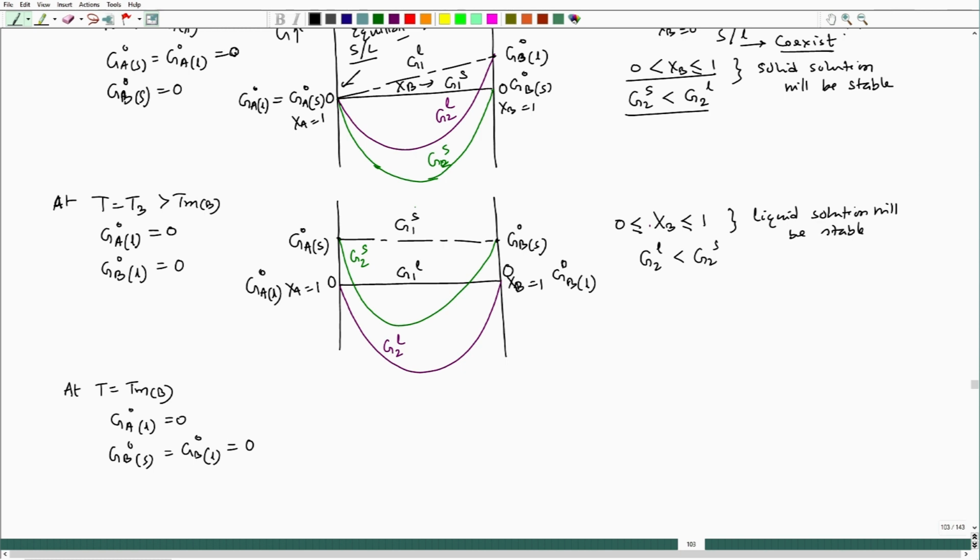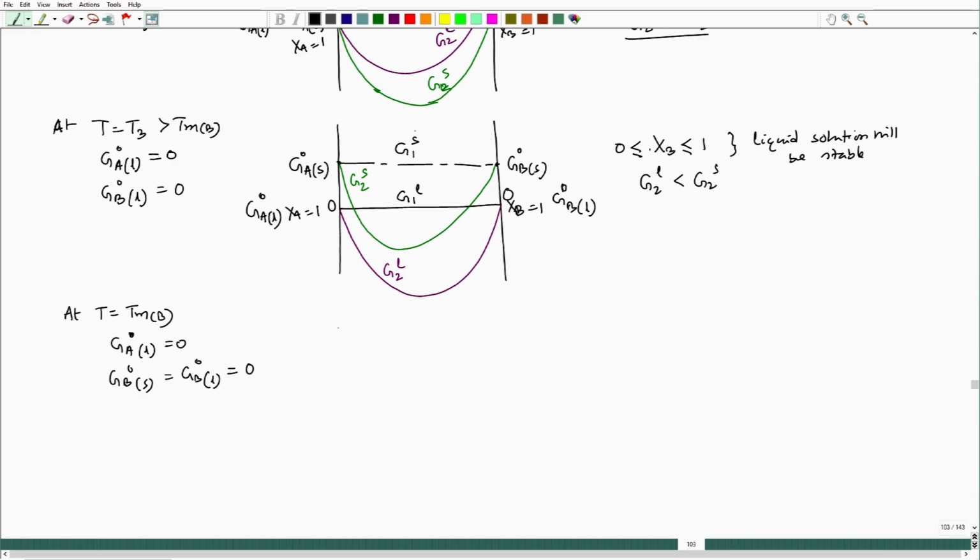And remember, every time this naught suggests that it is a standard state, because pressure we have taken 1 atmosphere. So, if I try to plot that, I will see that the plot pattern would look like this. This would be x b equal to 1, x a equal to 1, and this is x b, and of course, remember that this composition variation is this way and this is G varying like this.